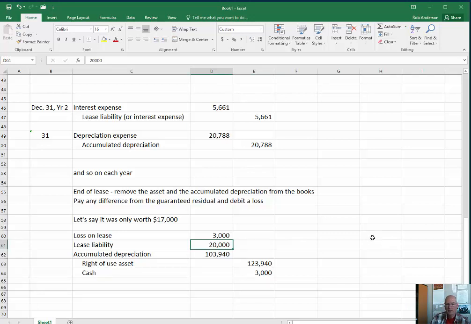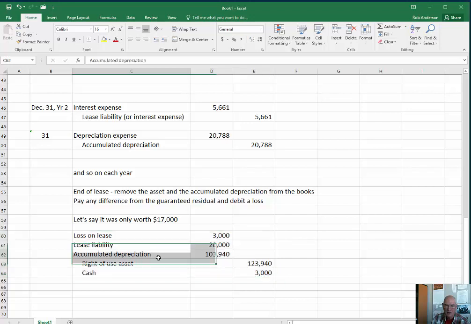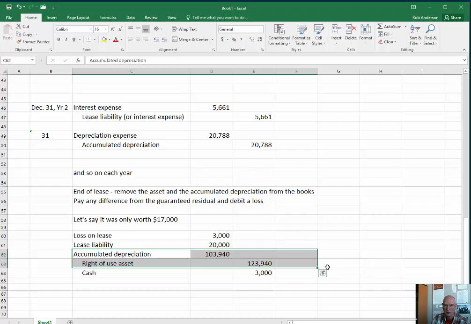Now, the equipment has gone. So this is your initial value. Credit out your $123,940 and debit out your accumulated depreciation. So if you remember your earlier courses, right here essentially is how you take an asset off the books.